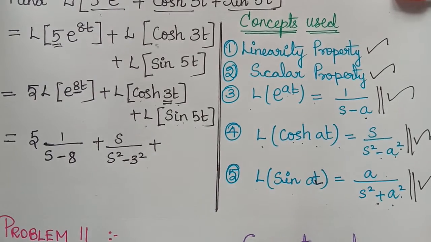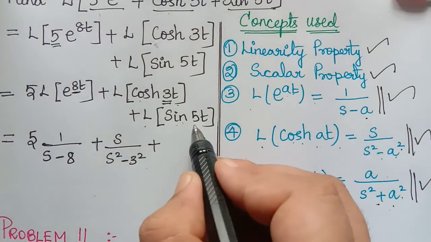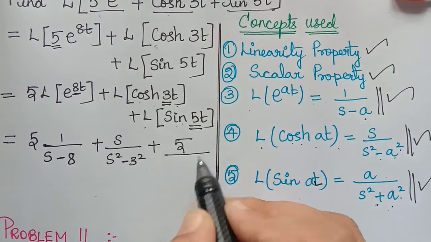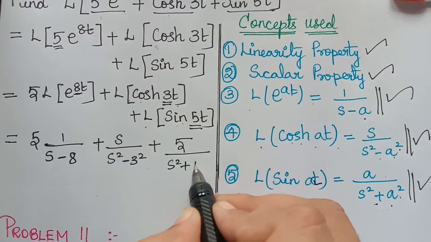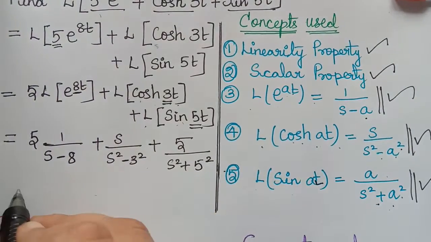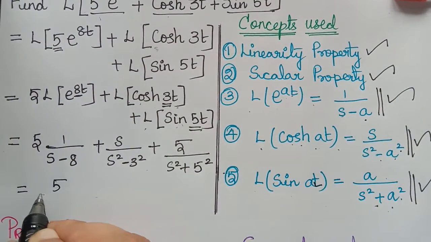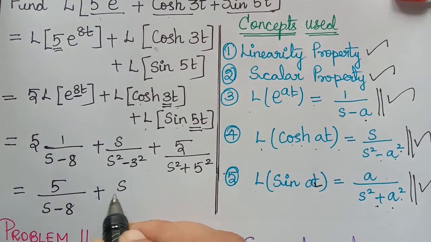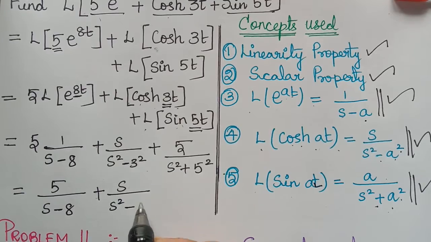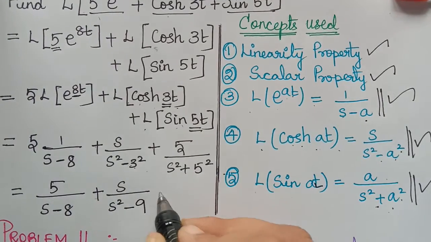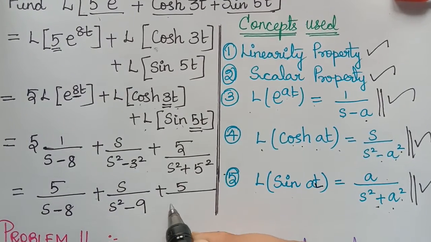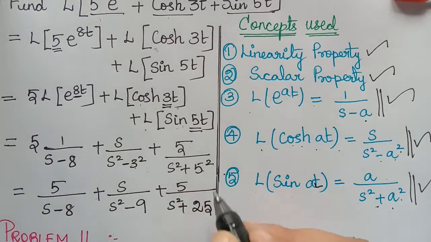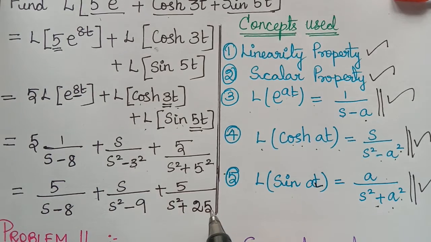So this we have to apply. So if we use it here, we see that the value of a is equal to 5. So 5 divided by s square plus 5 square. And so further when we simplify and write it, this will be 5 divided by s minus 8 plus s divided by s square minus 3 square, which is 9, plus 5 divided by s square plus 25. 5 square is 25. So this is the solution.